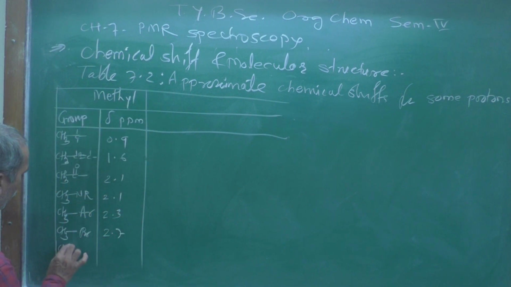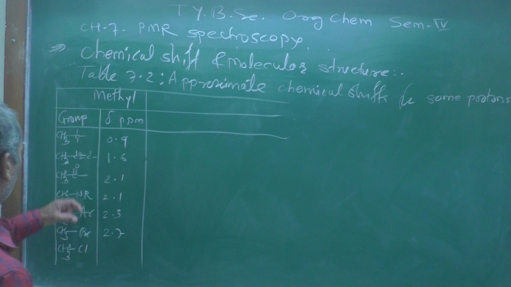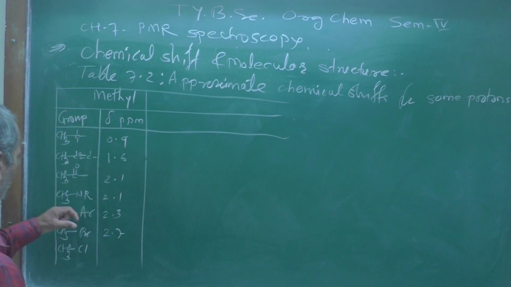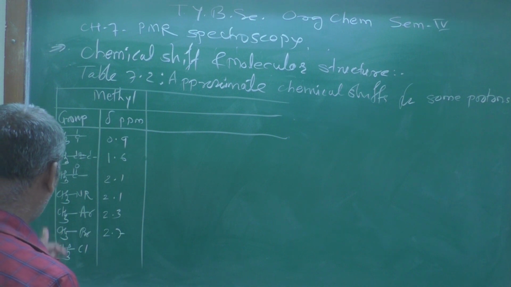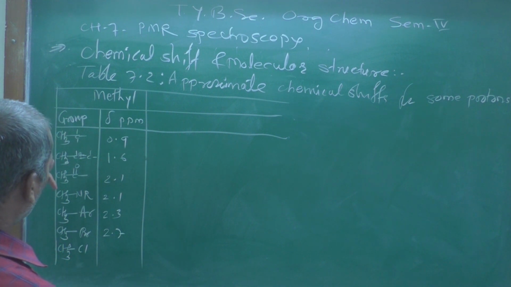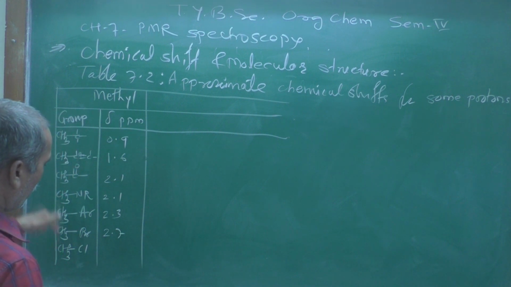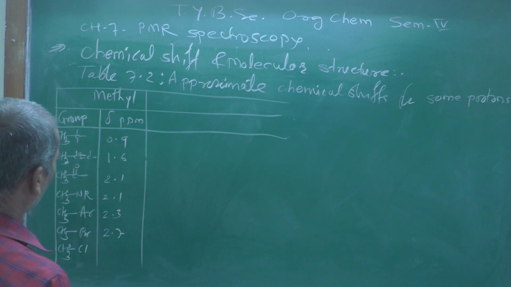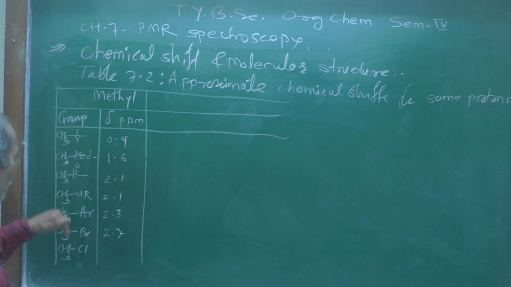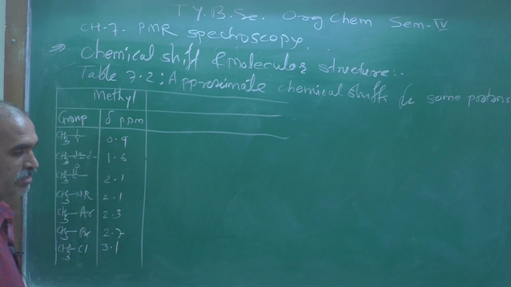Let me show over here methyl which is attached to chlorine. If you compare between these two elements, bromine and chlorine, what do you think? Which one is more electronegative? Chlorine atom is more electronegative than bromine, and therefore the chemical shift value, delta value, is higher in case of methyl chloride, and it is found to be 3.1.